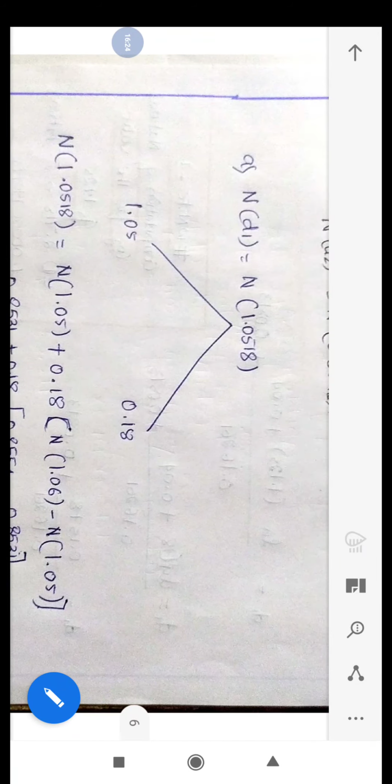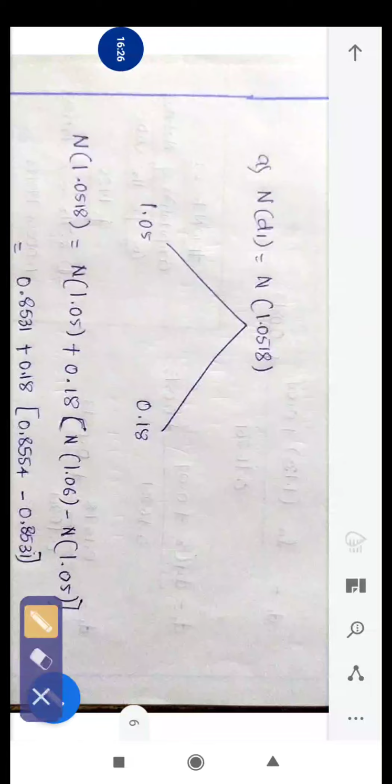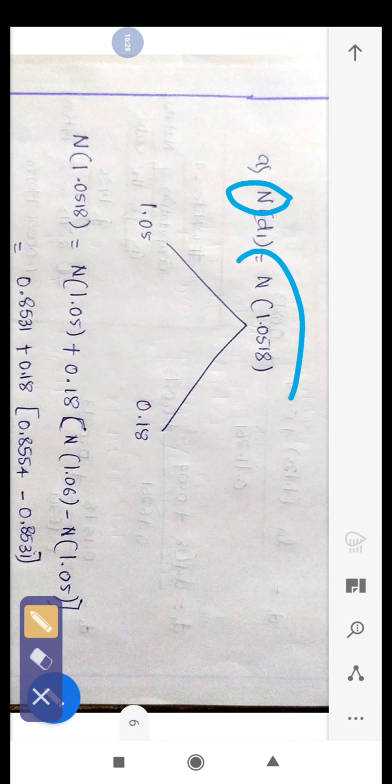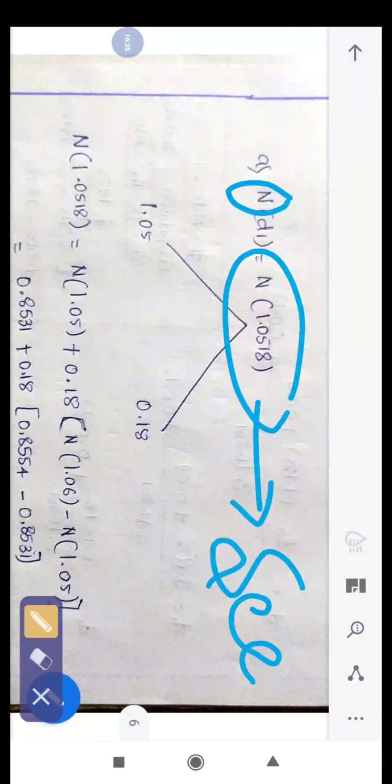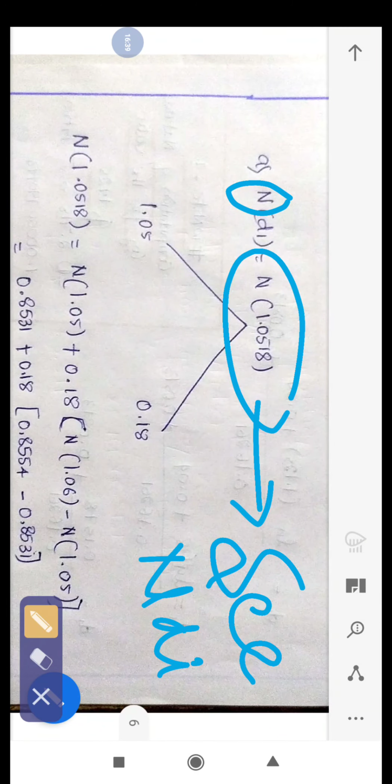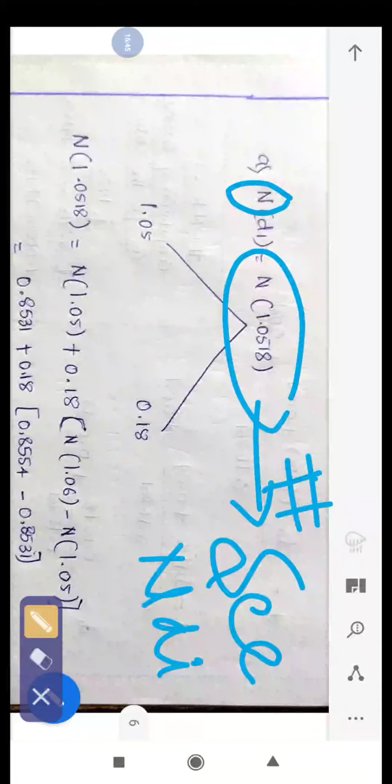So N here means normal distribution. So for finding this, we need to see the normal distribution statistical table. For this also I have made one video. So before watching this, you have to watch those two videos, two working notes.